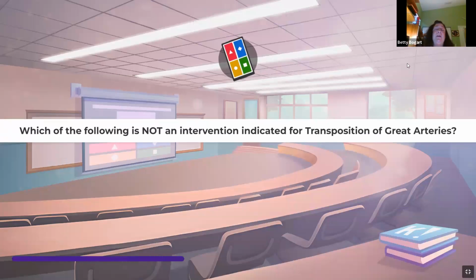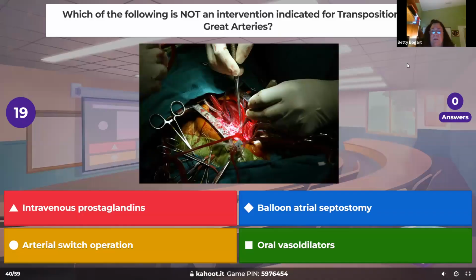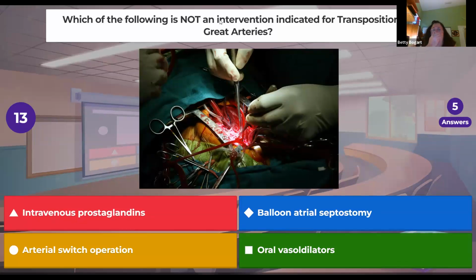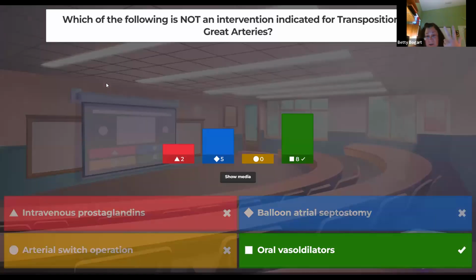Which of the following is not an intervention indicated for transposition of the great arteries? Well, I've already mentioned it's the IV prostaglandins. Now, the surgery itself is called the arterial switch.